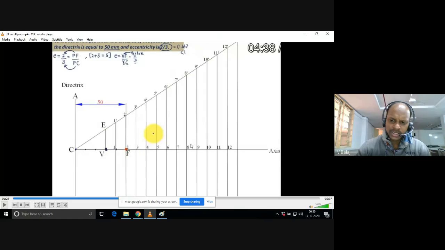The last important step is you need to take your compass and set the radius 1 1 dash. This is the first radius, 1 1 dash. The center of the compass is always the focus. Cut this 1 1 dash line above the axis and below the axis.